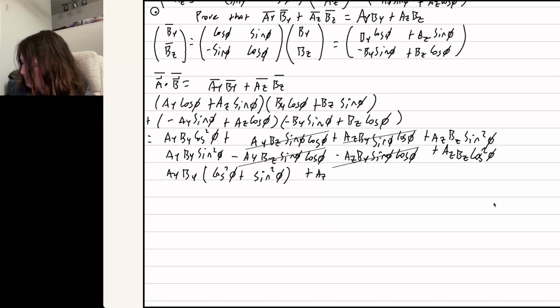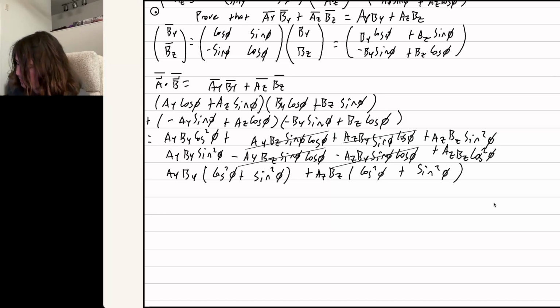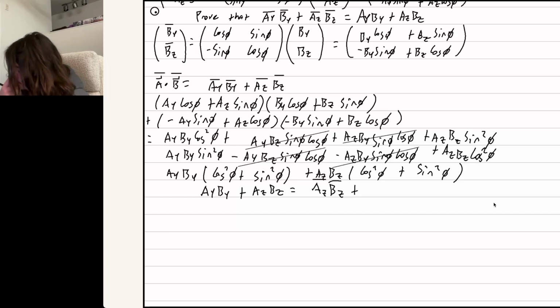And then you had Az Bz, one of them cosine squared phi, the other sine squared phi. Cosine squared phi plus sine squared phi equals 1, so these are just Ay By plus Az Bz. So what we just did there is we proved that the value of the dot product is conserved under rotation.